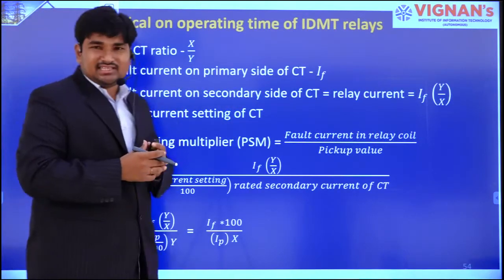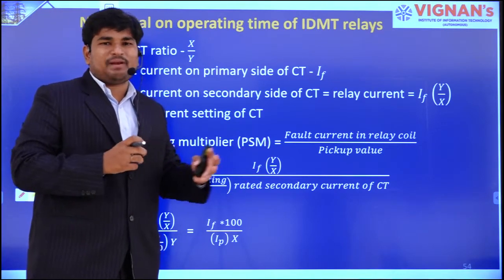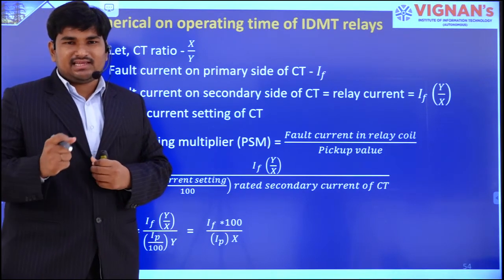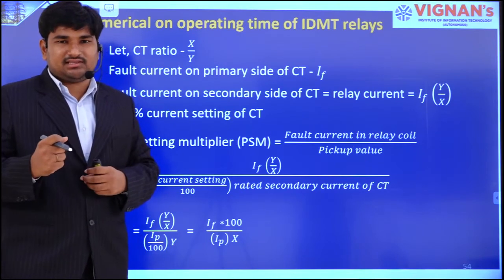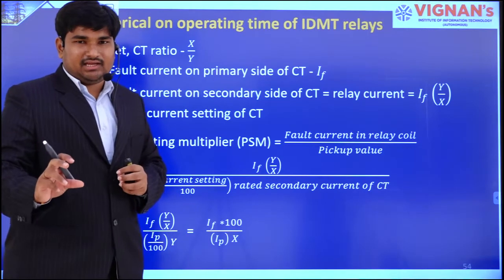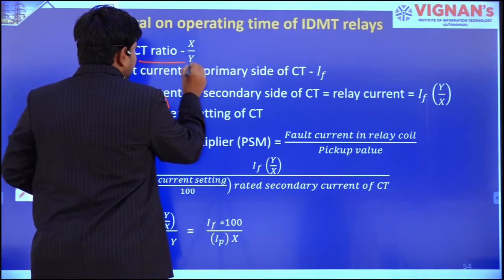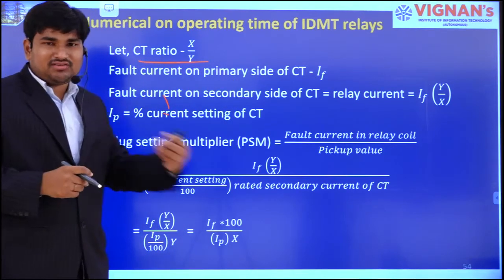Now, in the case of a relay, first the relay is getting supply from the CT, right? That means the CT will give supply to the relay. That's why we have to know the value of the CT ratio.